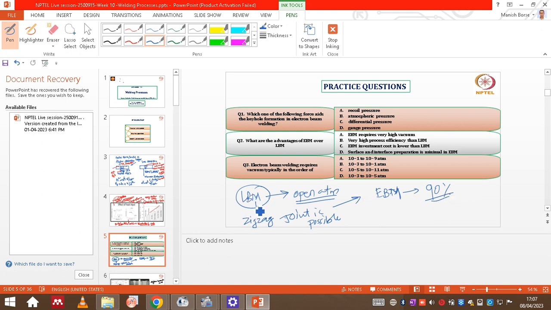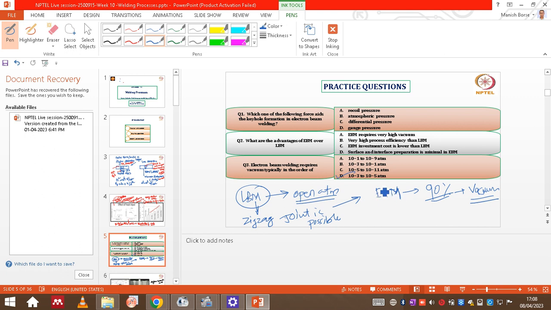And another thing is, in laser beam welding, we can do any kind of shape or size of specimen, but that won't always be possible in EBM, because the main requirement of the process is that we have to conduct the welding under a vacuum atmosphere, right? If you remember, the vacuum requirement for this process is 10 raised to minus 3 to 10 raised to minus 5 atmosphere, right?